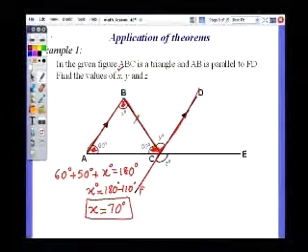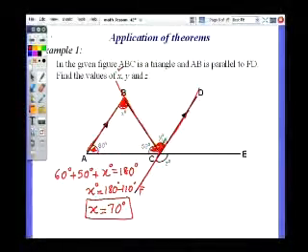Two lines intersected by a transversal, alternate angles are formed. What alternate angles are formed? If I extend this a little, one of them has its vertex here and the other has its vertex opposite. One should be on one side of the transversal, one should be on the other side of the transversal.